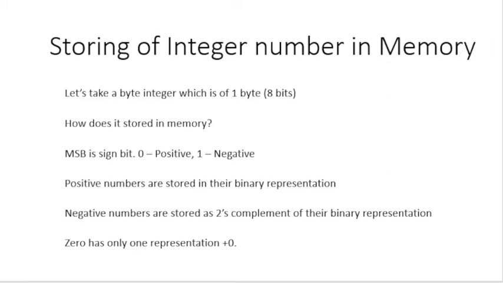Now, positive numbers are stored in their binary representation form, while negative numbers are stored as 2's complement of their corresponding positive numbers. So why is that? Why do we have such a difference for negative numbers? We'll come to that in the next slide. And 0 has only one representation, that is positive 0.